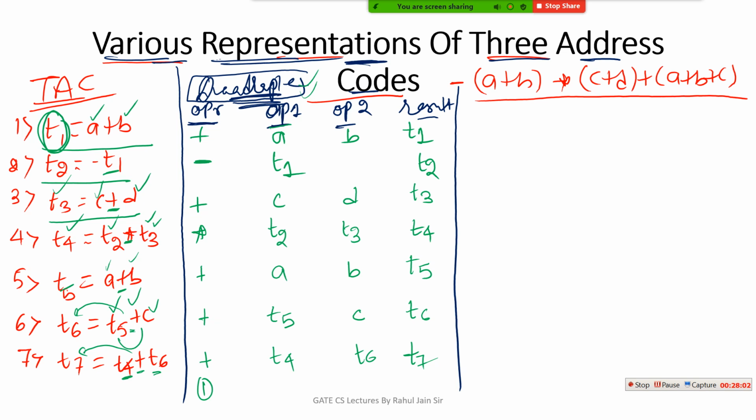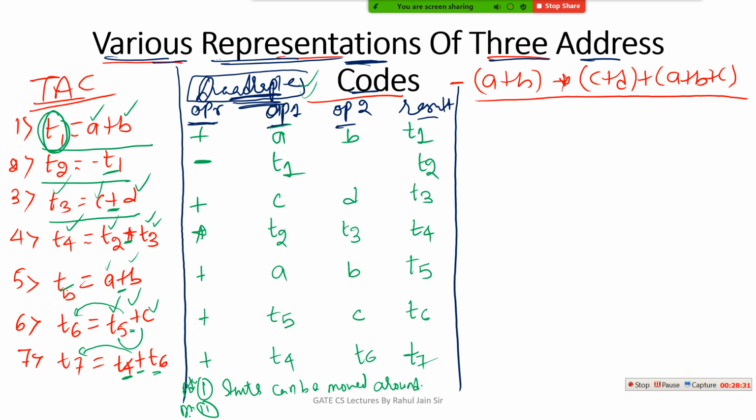The advantage of the quadruple form of representation is that statements can be moved around. It is the advantage of quadruple form.